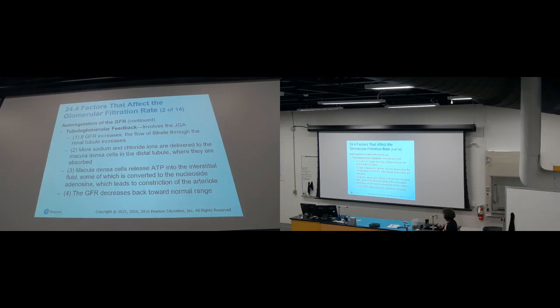And then if you have more sodium and chloride delivered to the macula densa cells in the distal tubule, where they are absorbed, you will have the release of ATP into the interstitial fluid within this juxtaglomerular apparatus. And this ATP is going to be converted into a signaling molecule, which is adenosine. And this will lead to the constriction of this arteriole, and then you will have a decrease in your GFR towards the normal range.